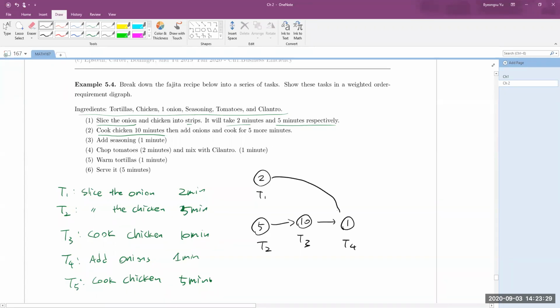But you cannot add onion until you slice the onions, right? So T4 is dependent on T1. And the next job is T5, cook 5 minutes more. We need to cook 5 minutes more after adding onions. So T5 is dependent on T4. So that's why I chose this graph.